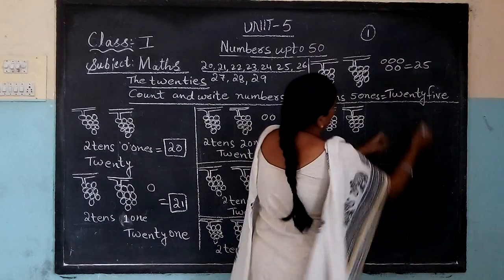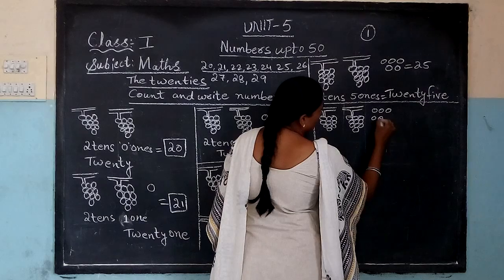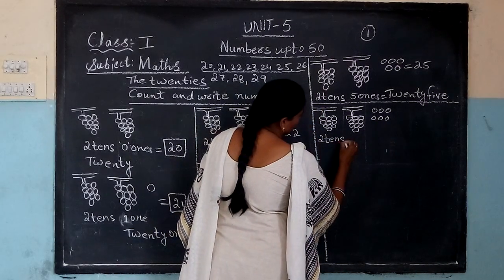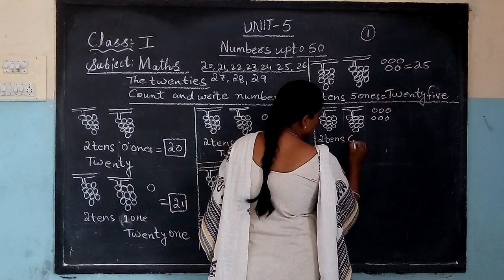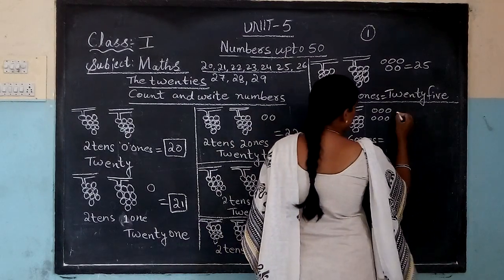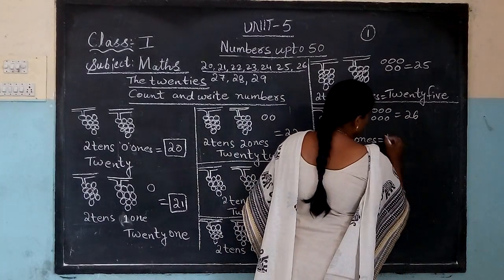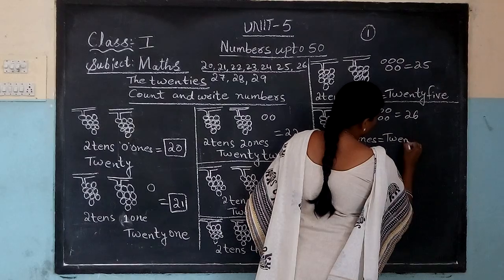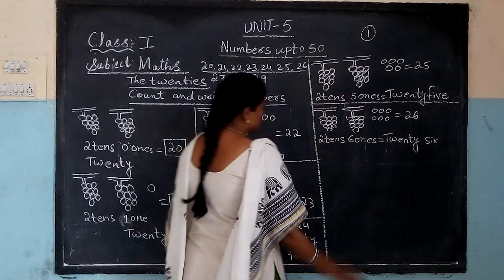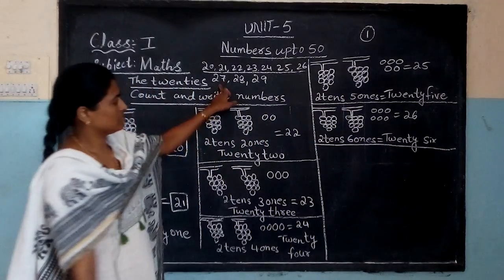How many singles do you have to take? 6. 1, 2, 3, 4, 5, 6. 2 tens, 6 ones is equal to 26. Number name of 26, TWENTY, 20, SIX, 26.